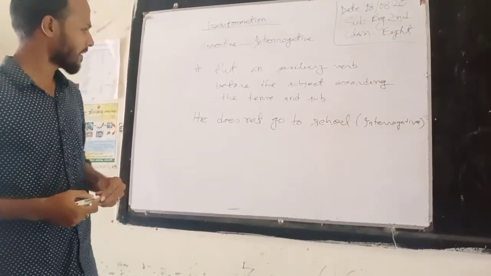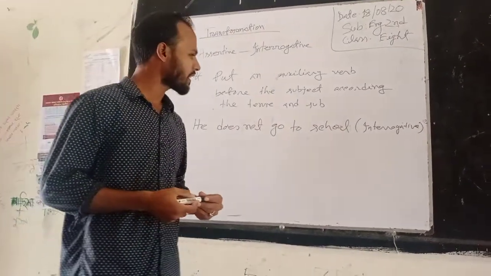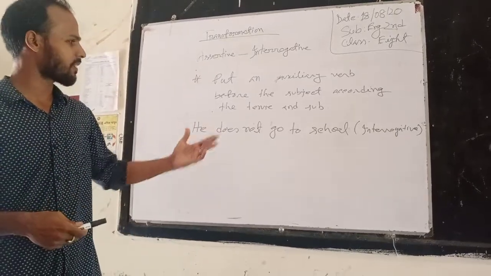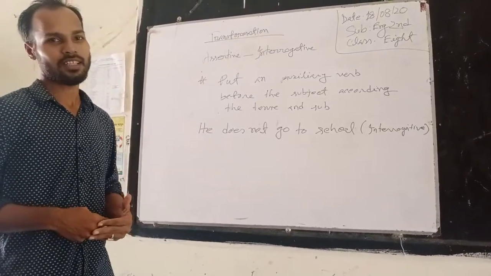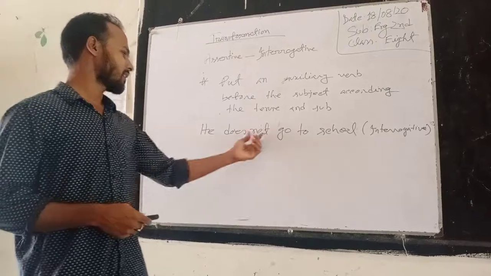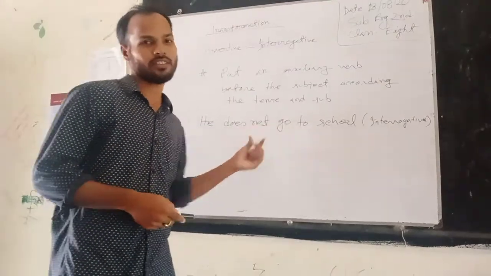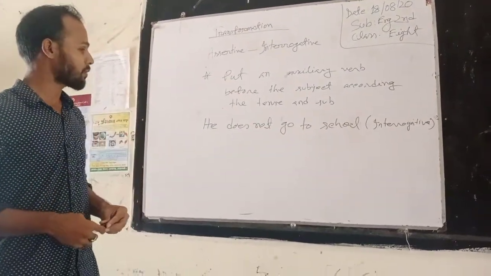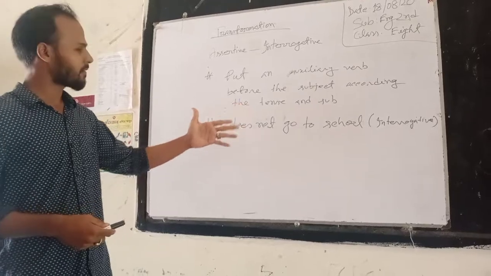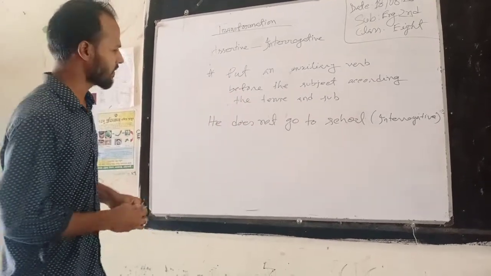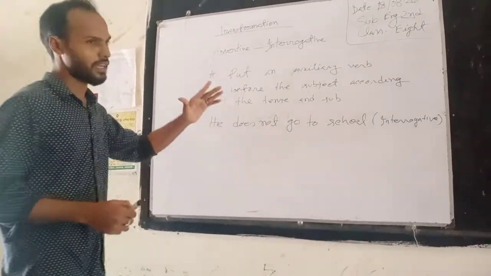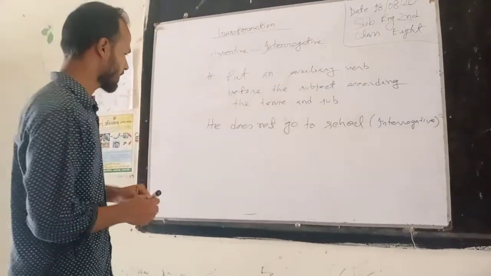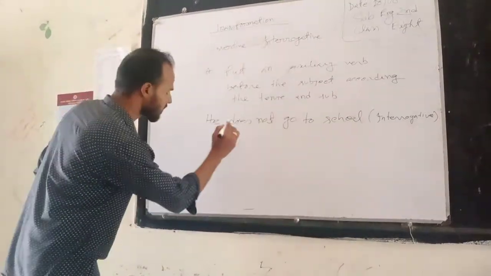Dear students, I hope you have already understood that this one is a negative sentence because there is a negative word not. So we have to make it affirmative. The first rule is to put the auxiliary verb before the subject. So let me write the auxiliary verb.